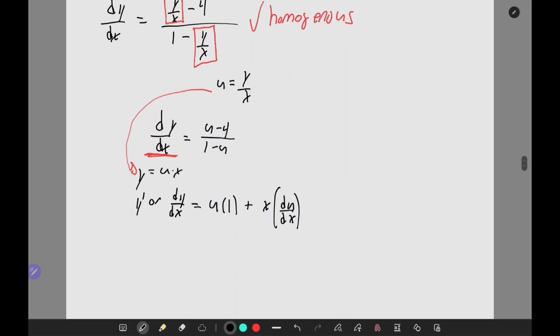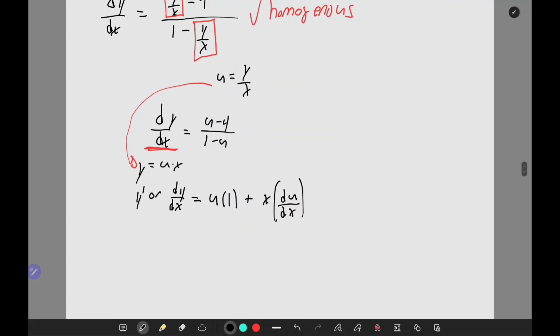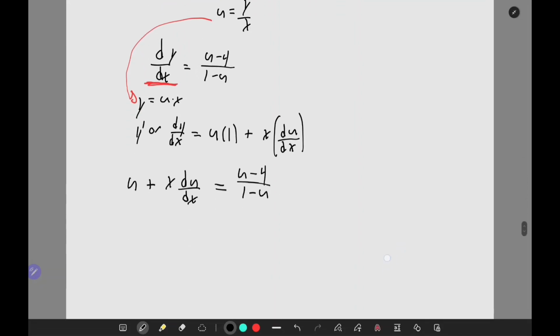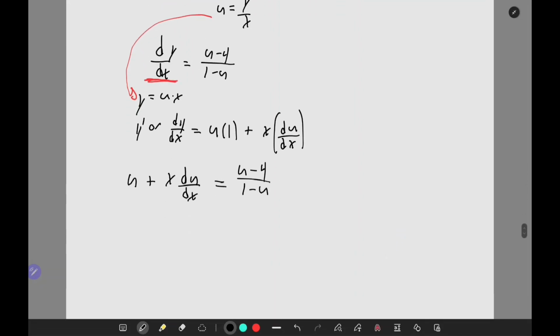Okay, so now that we have our dy/dx, we can plug it in. So now we'll have u plus x du/dx is equal to (u minus 4) over (1 minus u).